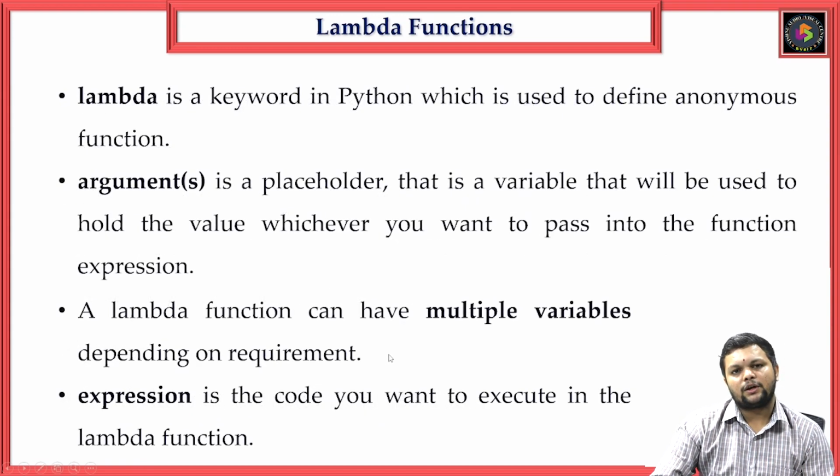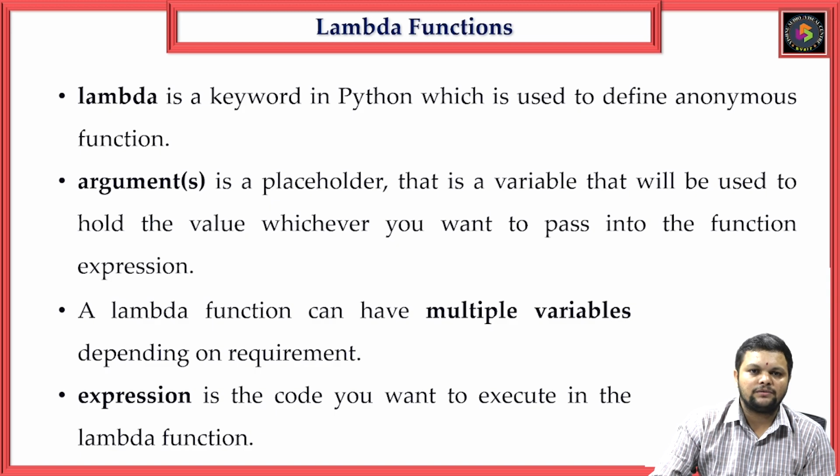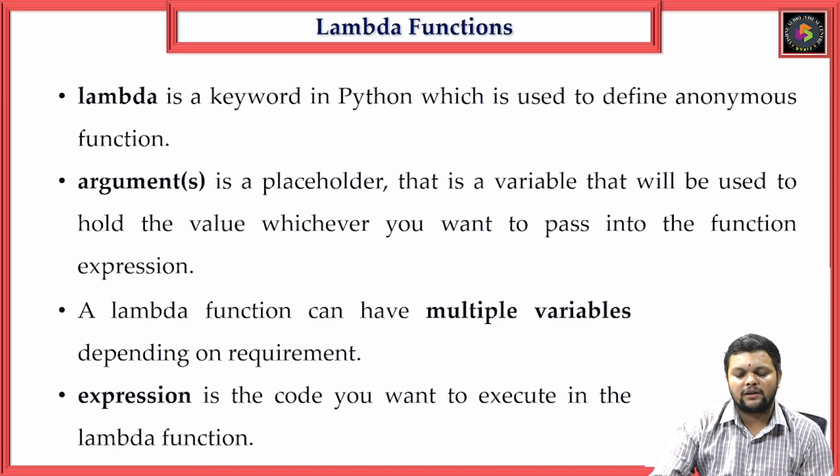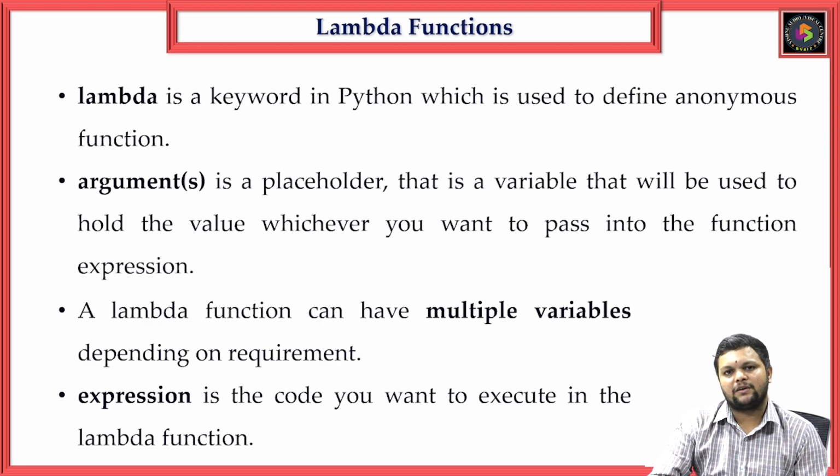Lambda is a keyword which is used to create an anonymous function. Arguments are whatever values I need to pass to that particular function. You can have multiple variables and multiple types of arguments, but there will be only one expression, as we have discussed.